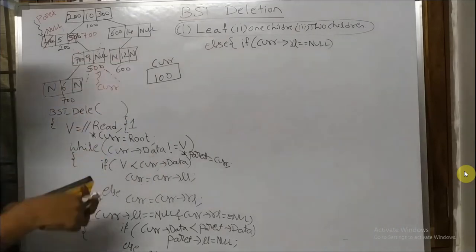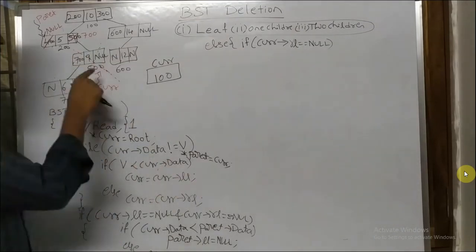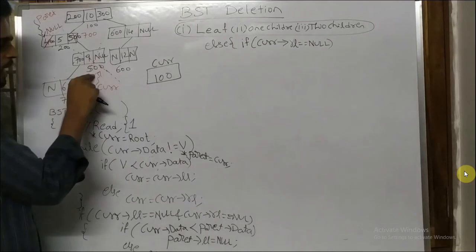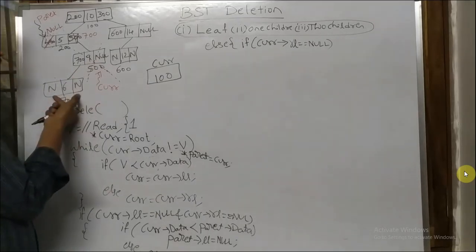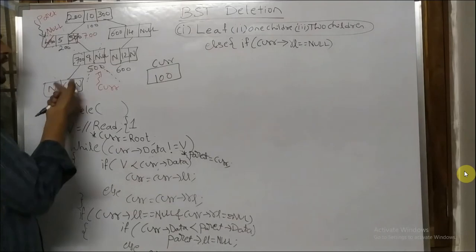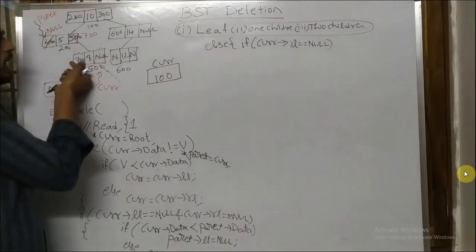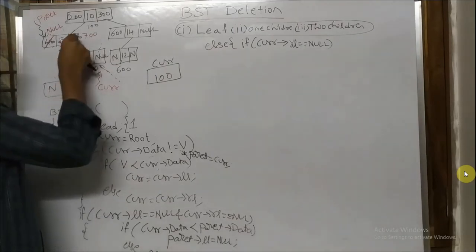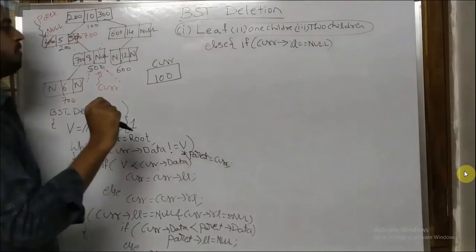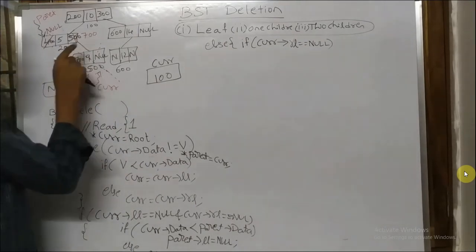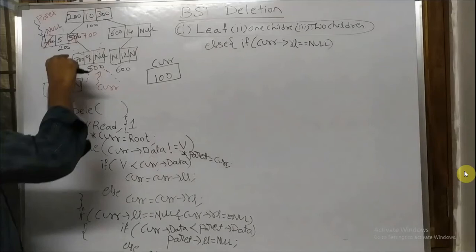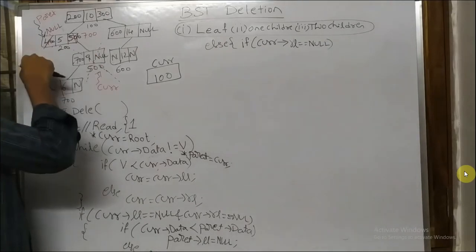So then I can simply write, just check here. If the corresponding node's right link is null, meaning that it has a left side child, this left side child's address is located at this particular location, and I need to modify the parent. So I need to modify the parent's right link, actually. But how can you know whether this is a parent right link or a parent left link?